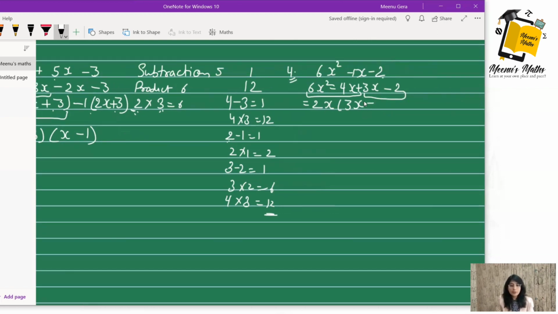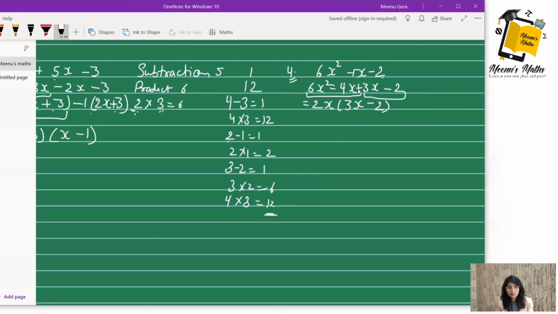And from 4x, what have we taken out? We have taken out 2x. From 4, if I have taken 2 as common, we know that 2 2s are 4. So it will be 2 here. From x, I have taken x as common. So this is done. Now I talk about the second term.